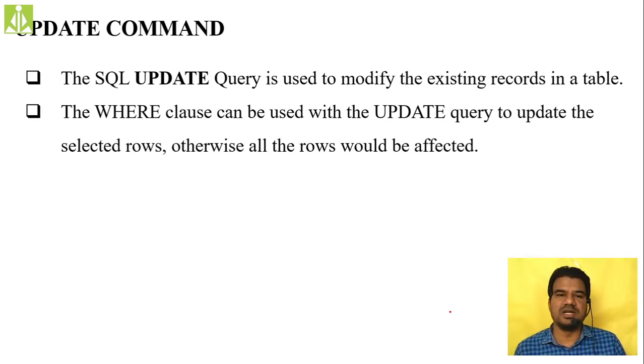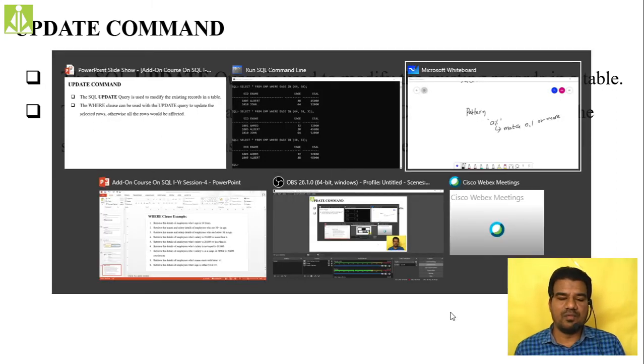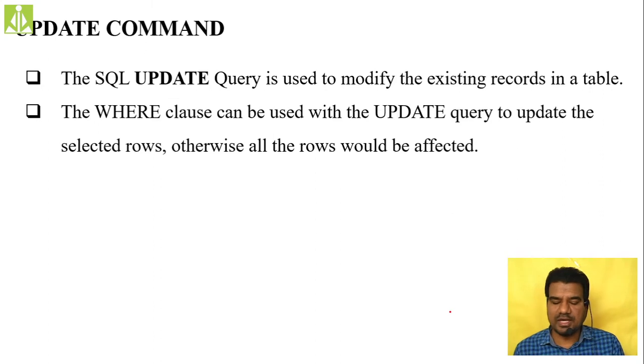That we don't want, isn't it? We want to edit only a specific record where the entry has been done wrongly. So to do that, we have to include the where clause inside your update command, update query. So quickly we go and we see what examples we have over here.